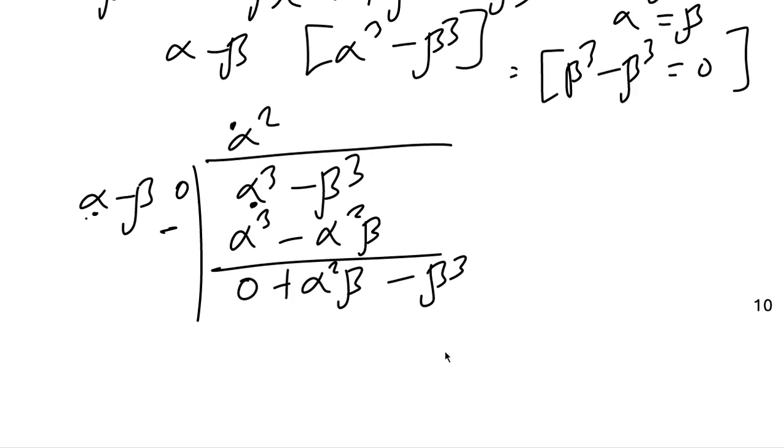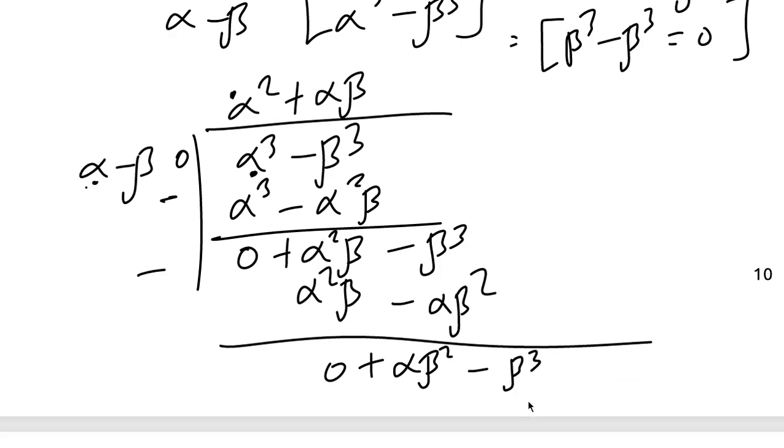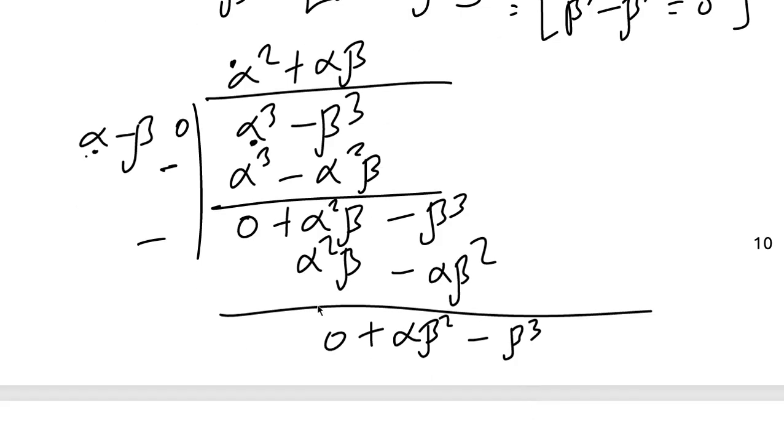Then you divide again by alpha, so alpha squared beta divided by alpha will be what? Alpha beta, right? So alpha beta times alpha will be alpha squared beta, and alpha beta times minus beta will be negative alpha beta squared. And then on subtraction again, this will be 0, plus alpha beta squared minus beta cubed. Then on dividing again, alpha beta squared divided by alpha will be positive beta squared. Do you understand?